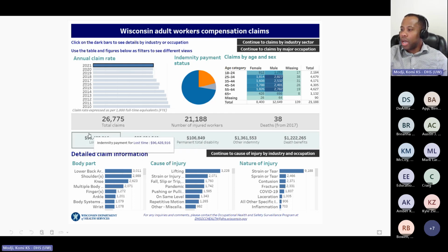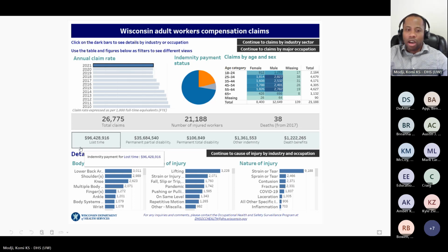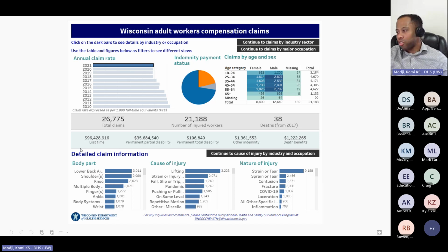We talk about lost time due to the injuries, and that's the cost in the year 2021, about $97 million. Now, sometimes, let's say you got some injury. Let's say your finger was crushed or something happened and you ended up having a permanent partial or a permanent total disability. It has a cost.